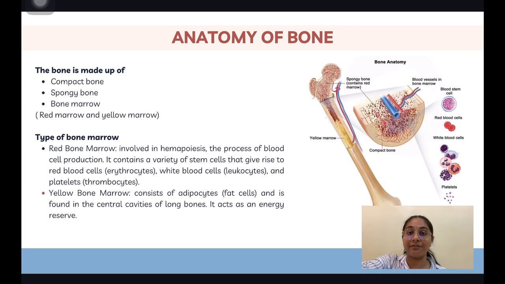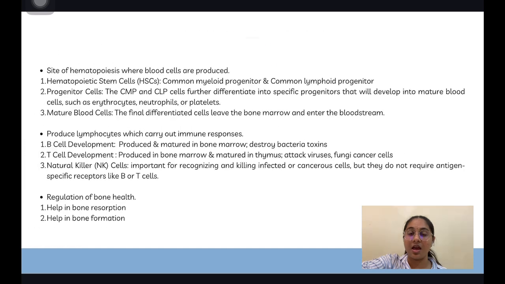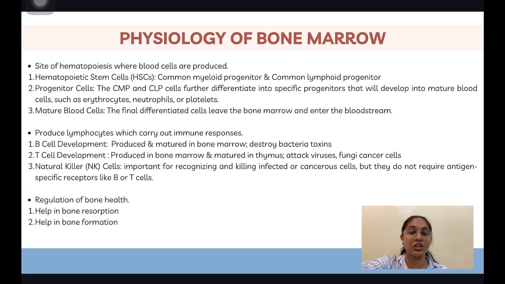Yellow marrow is mostly fat and is found in the central cavities of long bones and acts as an energy reserve. Now, let's continue to the physiology of bone marrow. There are three. Firstly, bone marrow is the site of hemopoiesis where blood cells are produced. There are two types of hematopoietic stem cells, which are common myeloid progenitor cells and common lymphoid progenitor cells.